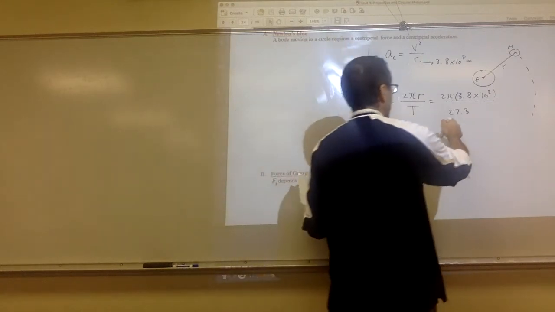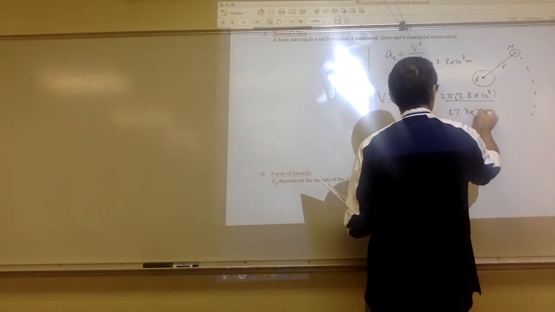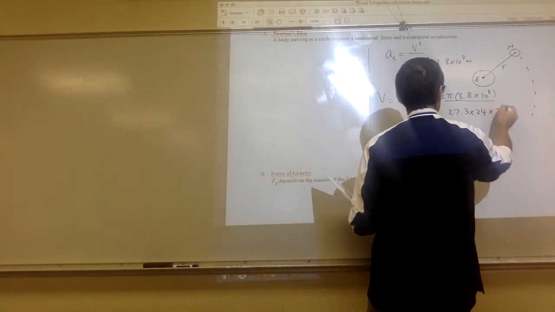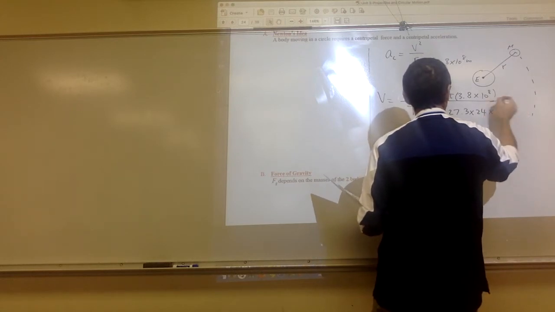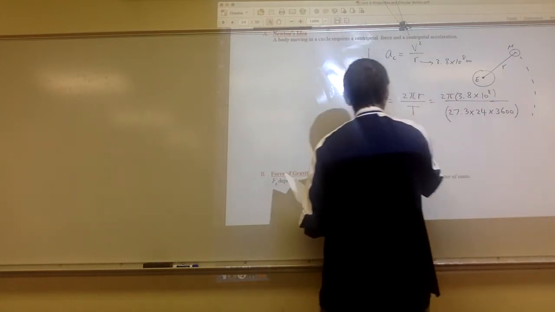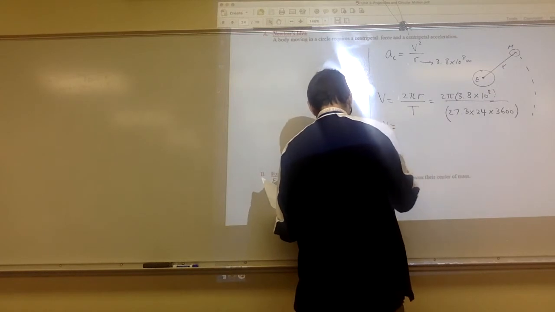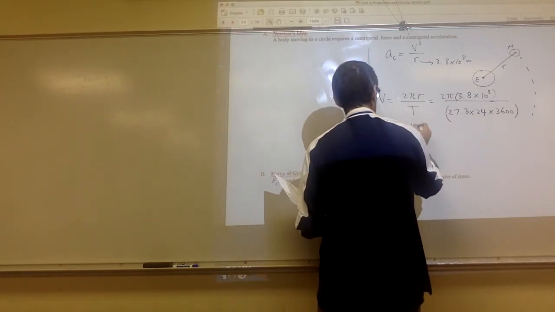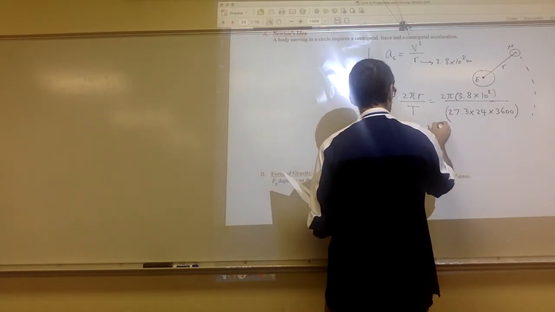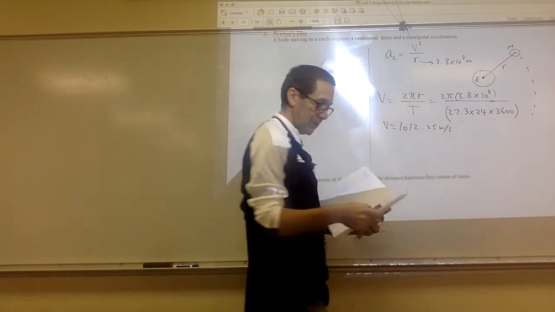So we have to change days to seconds. So 24 hours to a day and 3,600 seconds to an hour. And make sure you put this in parentheses when you divide. Now that should give us about 1,012.25 meters per second. So that's pretty fast.